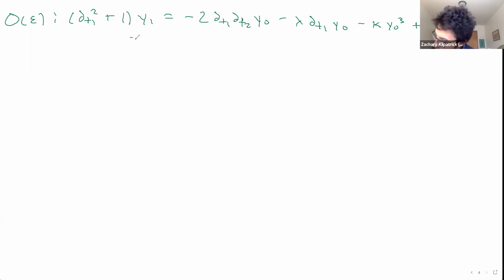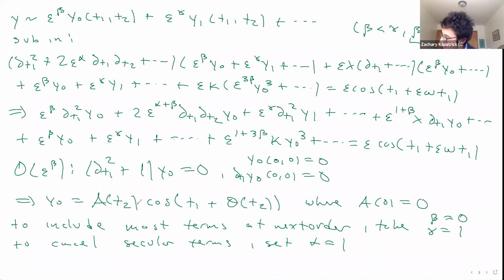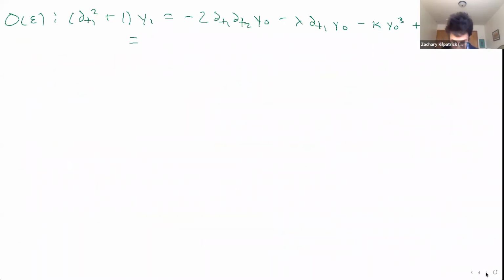So if I work all this out, right, remember back here, here's our form for y0. I'm going to have to do some differentiations and pairing up terms together. I get 2 a prime from this term here, plus lambda a sine of t1 plus theta, this phase shift. Remember, theta itself is a function of t2.